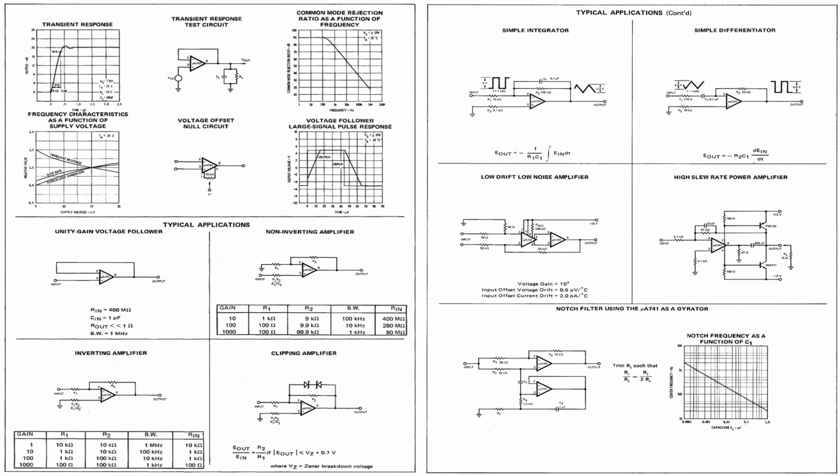Similarly, inverting amplifier, clipping amplifier, simple integrator, simple differentiator, low drift low noise amplifier, high slew rate power gain amplifier, notch filter, and gyrator. So there is a wealth of information available in these data sheets.